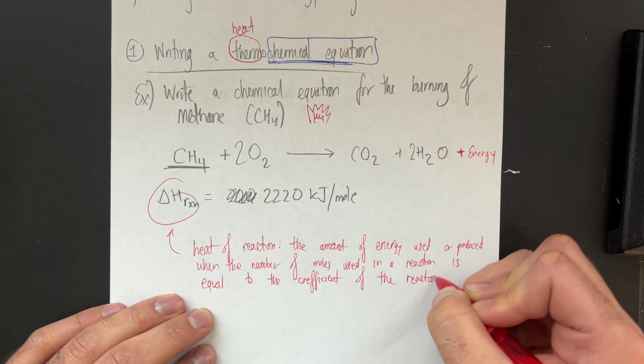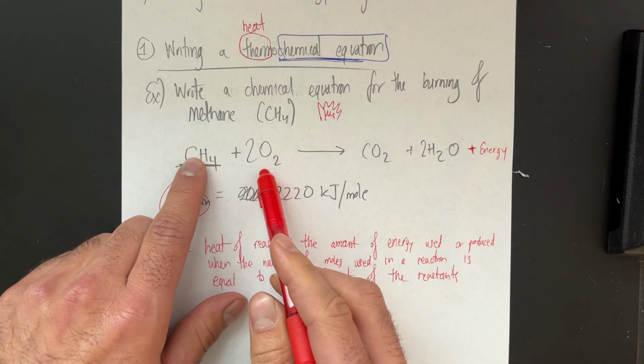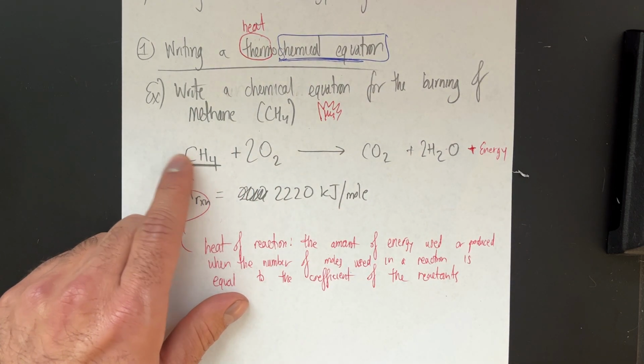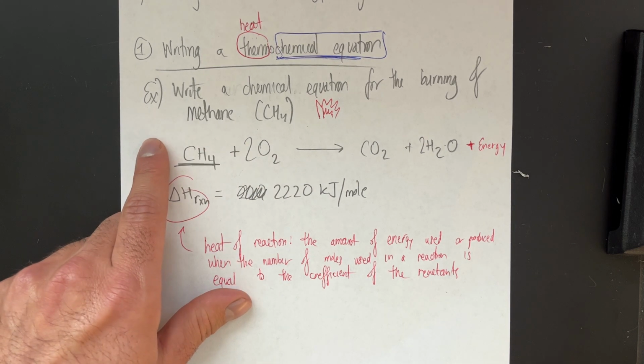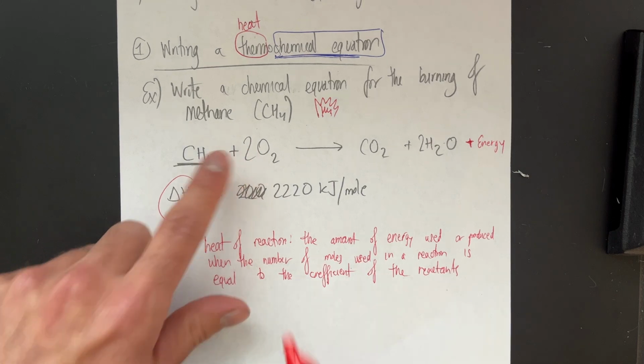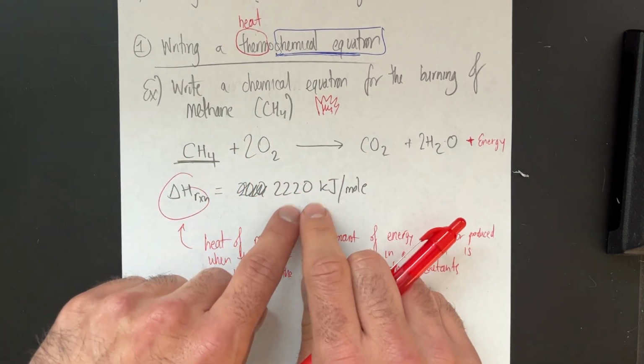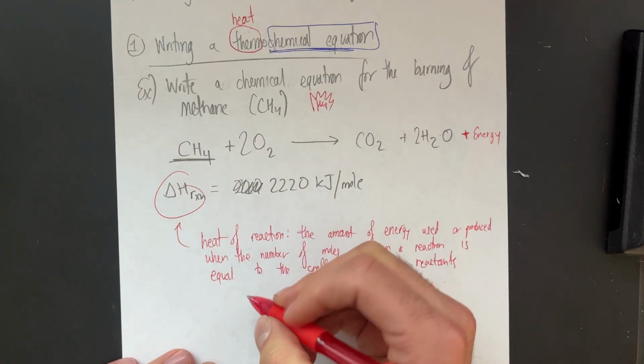Meaning here, what's the coefficient of our reactants? Our reactants are CH4 and O2. So when we have 1 mole of CH4 and 2 moles of O2, when we use up those amounts of reactants, we will produce 2,220 kilojoules.